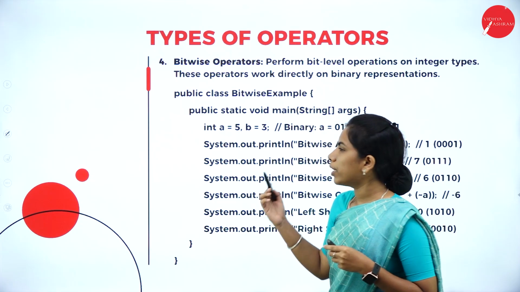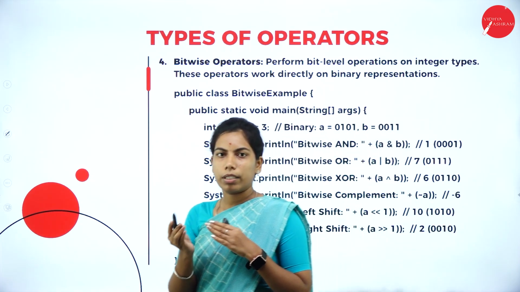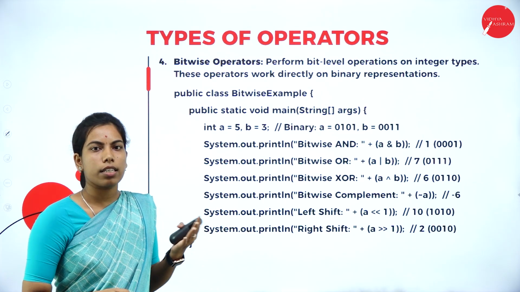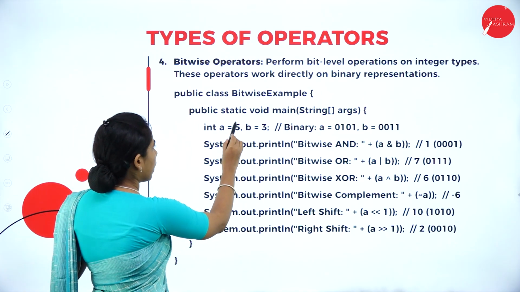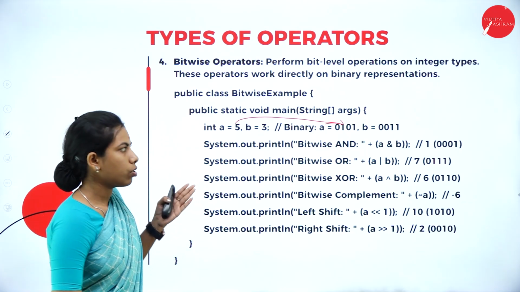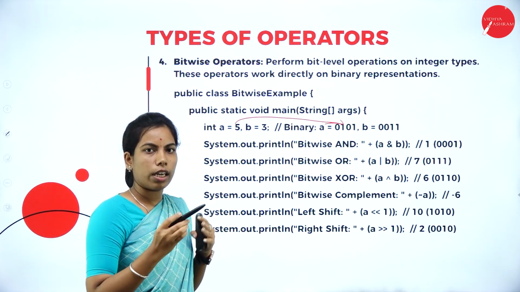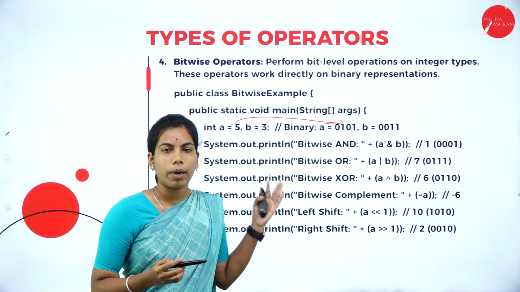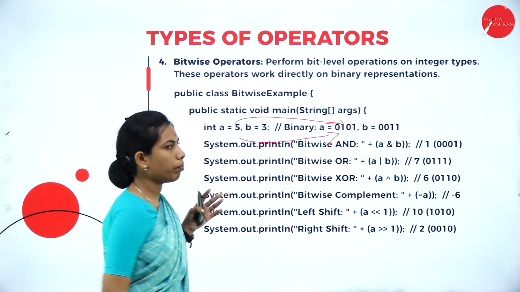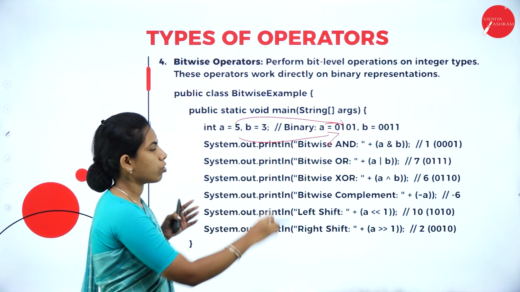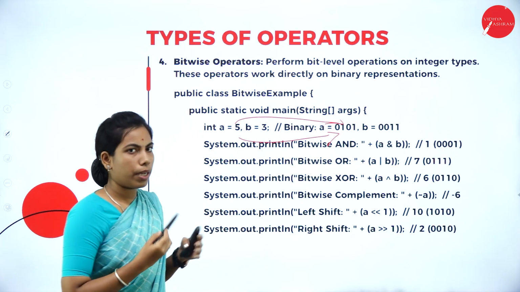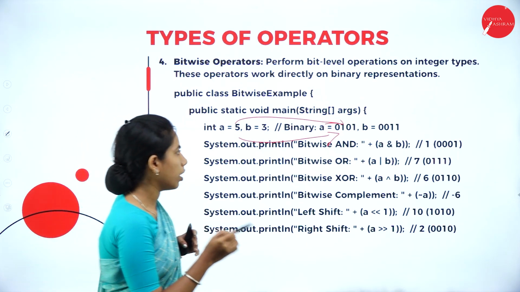And coming to the bitwise. As I already told, it works bit by bit. Bit by bit is nothing but you have to know the binary operation for any decimal value. So for example, here you can see 5 is written in binary, that is 0101. In the session you already learned how to write binary numbers, right? So convert 5 into binary and 3 into 0011. And bitwise AND, A and B, is nothing but it will check.